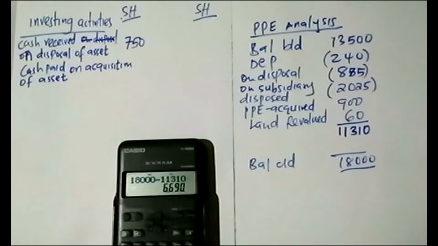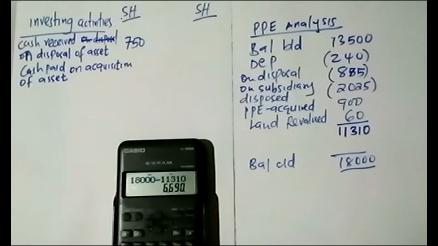So after brought down, you pick other items under the additional information which can affect your property, plant, and equipment. And you know that property, plant, and equipment is all about tangible long-term assets which have been aggregated. So after adjusting all of them, you get 11,310.